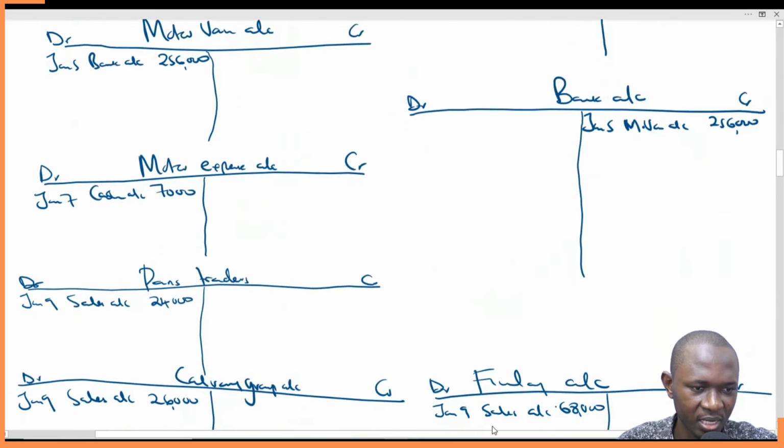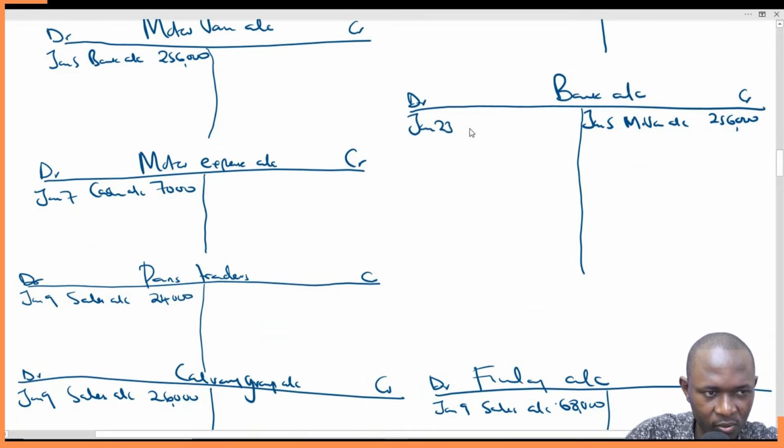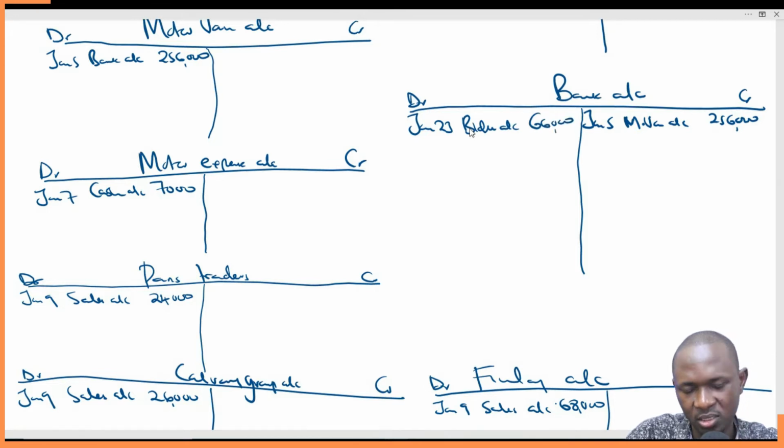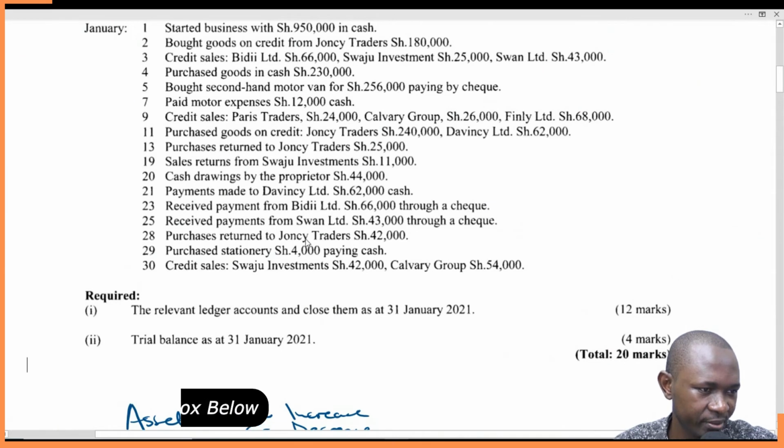If the bank is receiving, our asset in bank is increasing. So we say BD account 66,000. And we continue with this journey.